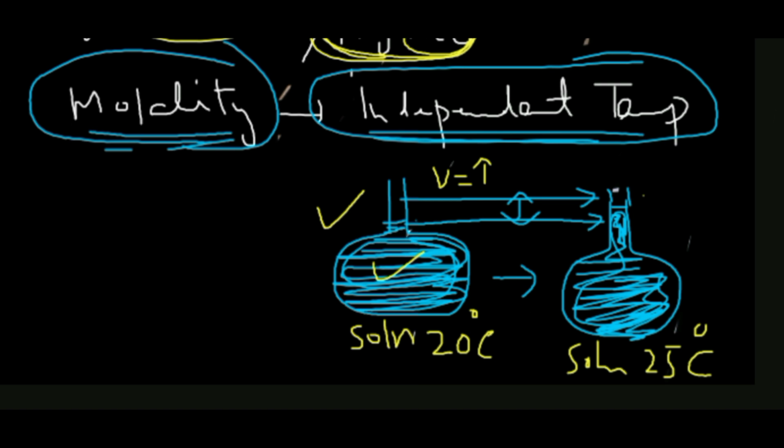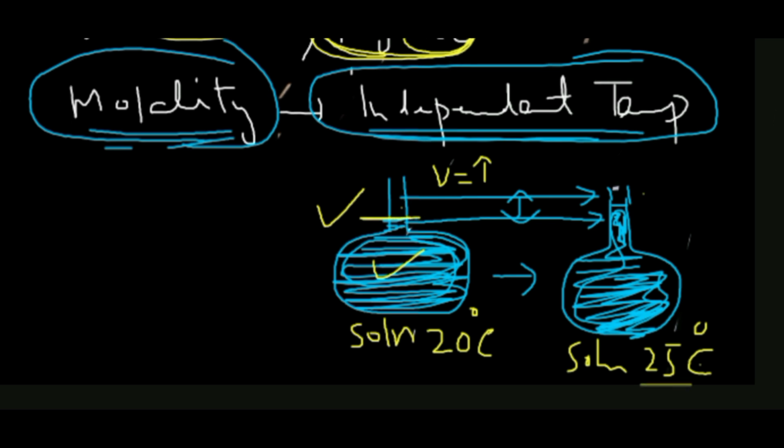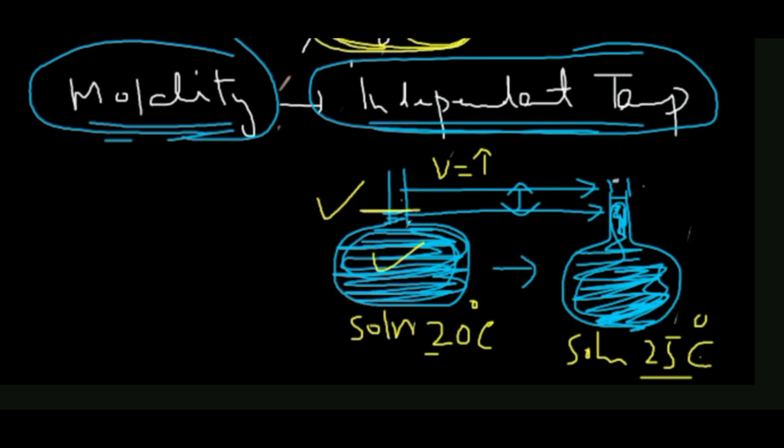So you can say here we have first the volume up to this level, then when we heated this solution from 20 to 25 degrees Celsius, we have noted that this volume increases from this to this. So you can say this is the increase in volume by about 0.1%.